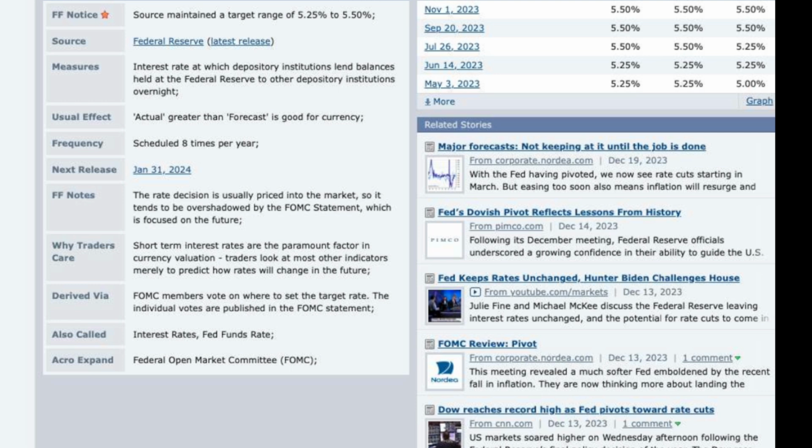I want you to look over to the right column on the top. And if you look at the history, you'll see some percentages, right? And if you look to the left, what this report is actually talking about is the interest rate at which depository institutions lend balances held at the FED Reserve to other depository institutions overnight.